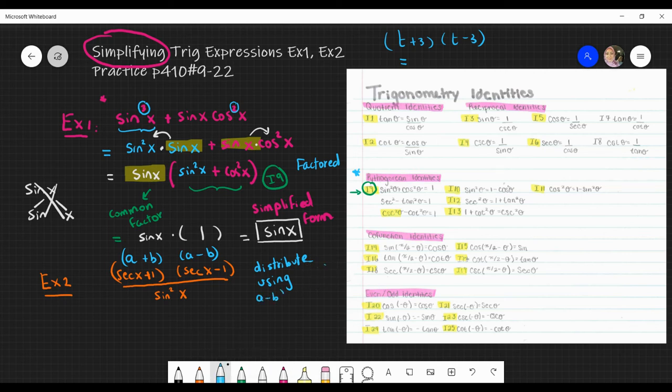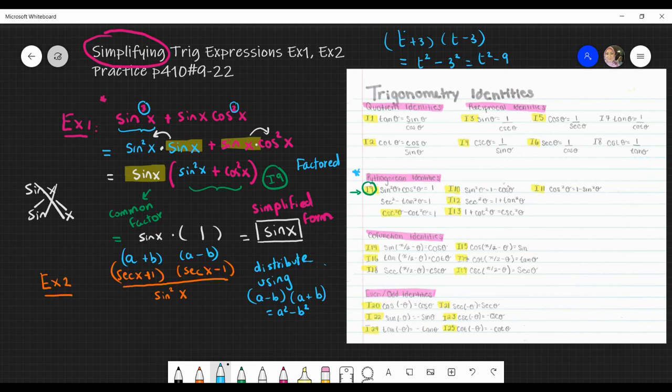And that's why we said there's no way to generalize and say, this is how I'm going to simplify all trig expressions using that one method. And a minus b into a plus b could be distributed as a squared minus b squared. So this will be the first term squared minus the second term squared, which is t squared minus 9.